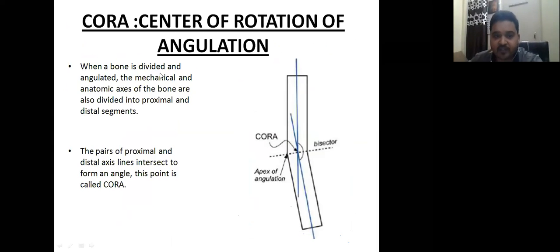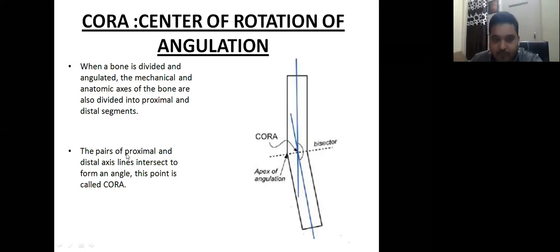When a bone is divided and angulated, the mechanical and anatomical axes of the bone are also divided into proximal and distal segments, as you can see in the figure, maybe post-traumatic, malunited, or congenital deformity. When the bone is divided, the proximal and distal parts of the bone also get individual mechanical and anatomical axes.